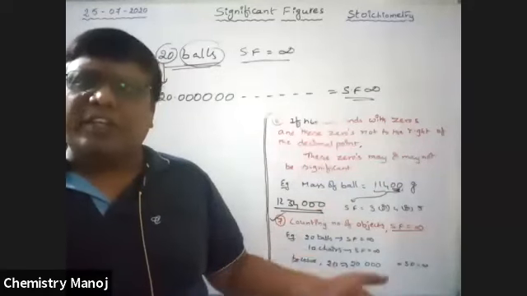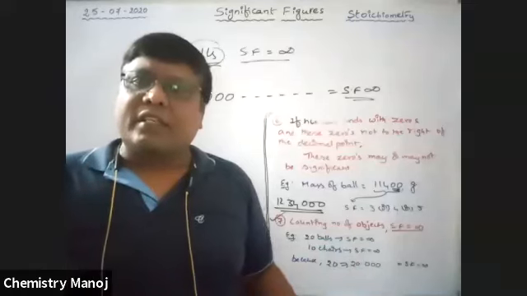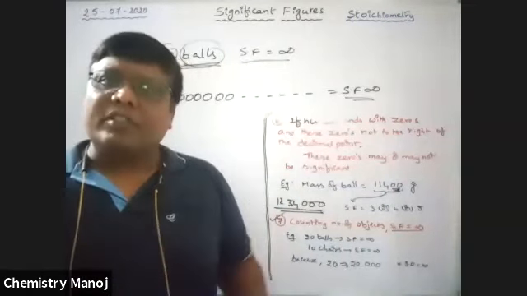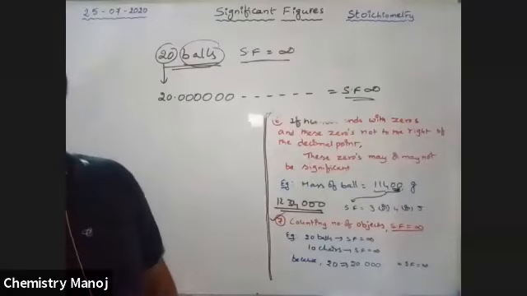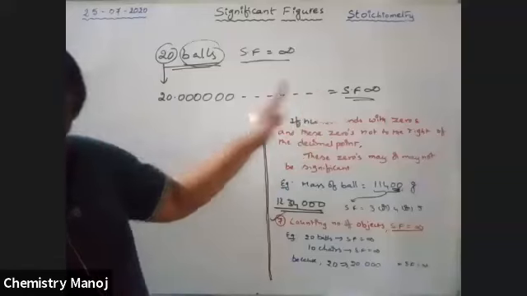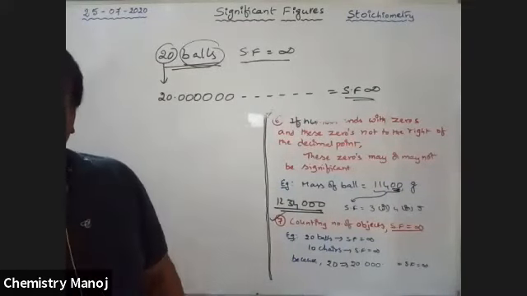20 means 20.0000000. As the number of significant figures increases, accuracy of that value increases. So only the last zero is uncertain, remaining all are significant. That is, remaining all values are perfect values.